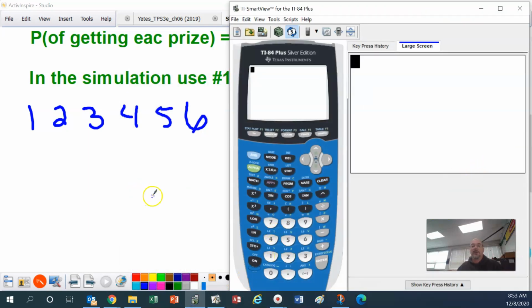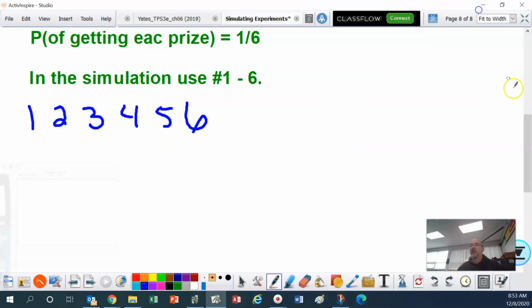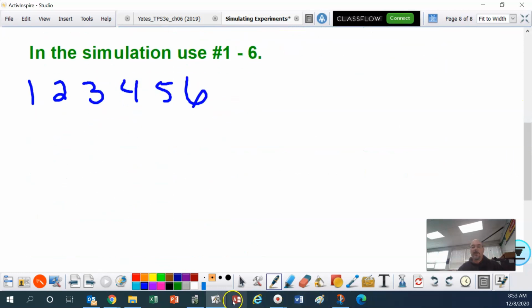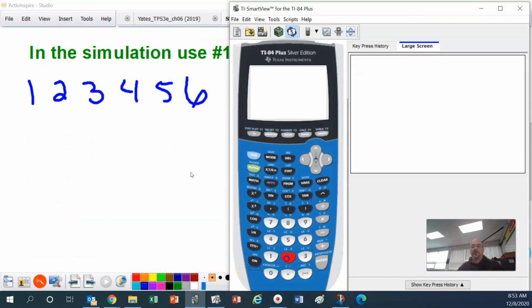Again, we're going to seed it with 200. Let me double check that one more time. Yep, 200. I'm going to store that into RAND. Now, folks, you have to do one at a time.